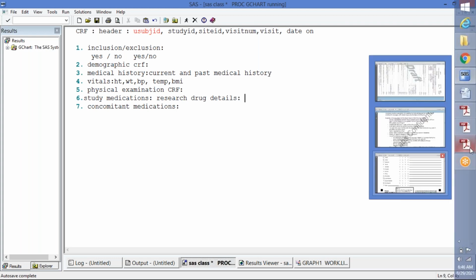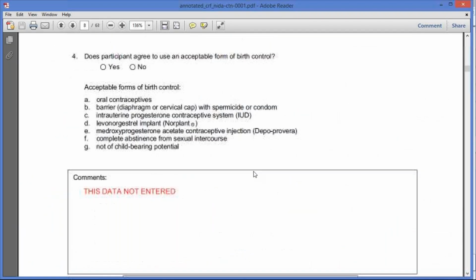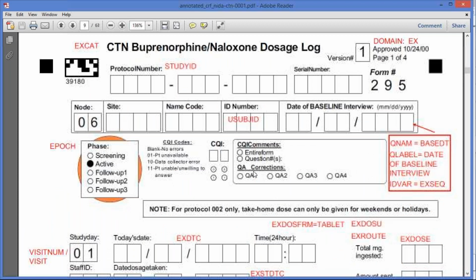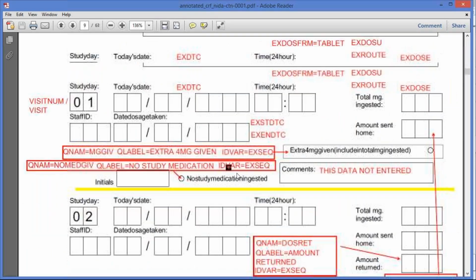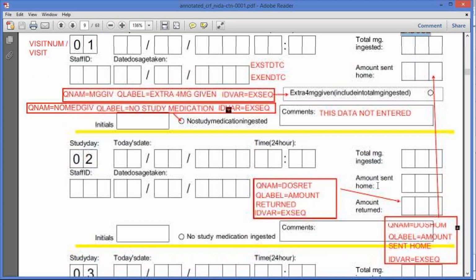Let us see the CRF. About the study drug, mainly we collect drug start date, drug stop date, collection date, formulation, unit, route of administration, dose, how much amount was ingested on the day, how much amount was sent home. On the next day, how much amount is returned if no study medication was ingested.